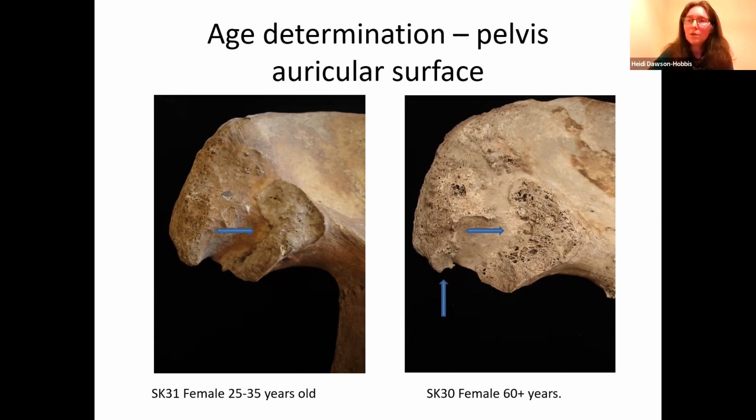We can use those as well. For aging adults, we can also look at the dentition, but this time we're not looking at development. We're looking at the wear that we see on the dentition. But of course, if we look at that, we need to know something about the diet that the population is eating.